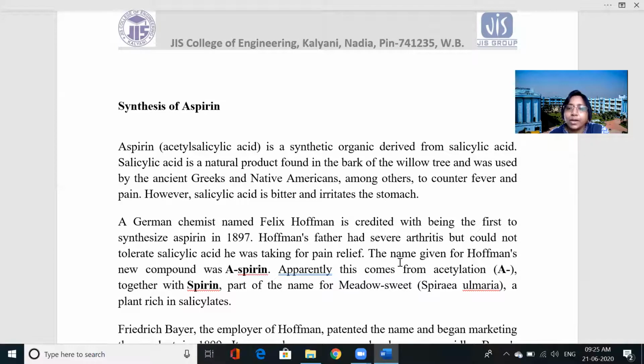The name given for Hoffmann's new compound was aspirin. Apparently, this comes from acetylation, A, together with spirit, part of the name for meadowsweet, Spirea ulmaria, a plant rich in salicylate.